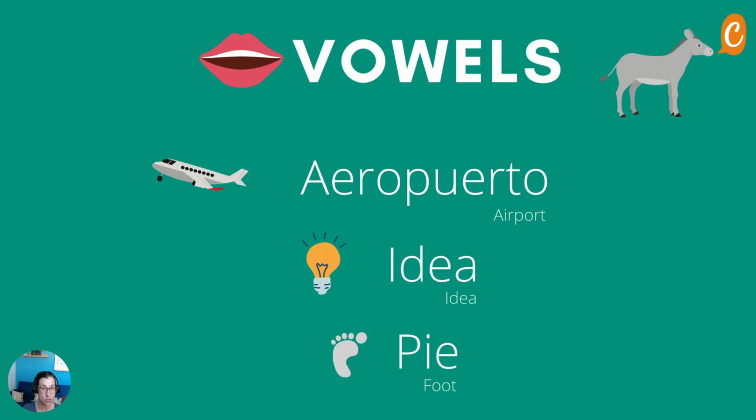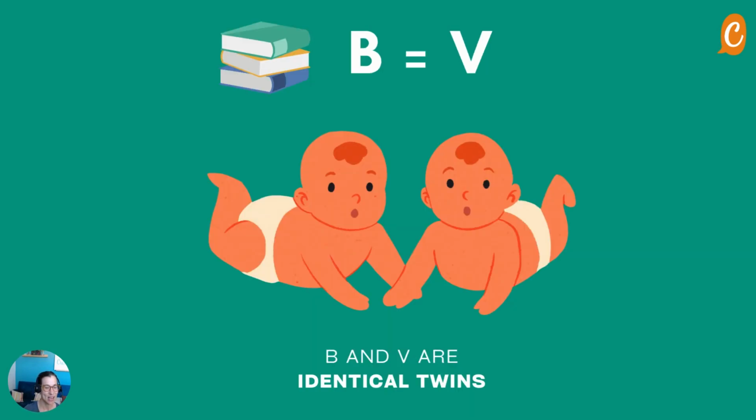So idea and foot are idea and pie. Notice every sound is pronounced even if it's at the end of the word. This is unlike French, for example. If you've had some French training, probably you're going to want to say the last word as "p" or something like that. It's pie.